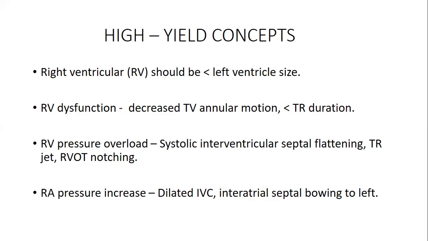Just by looking, by eyeballing, that should be quick to be noted. Secondly, right ventricle dysfunction can also be assessed when there is decreased tricuspid valve annular motion. I'll explain all these terms when it comes to the concepts.